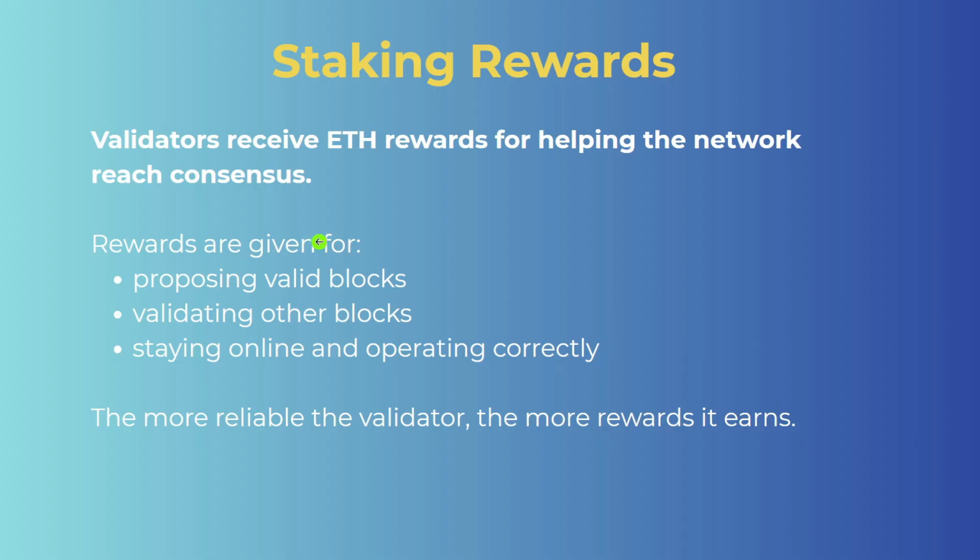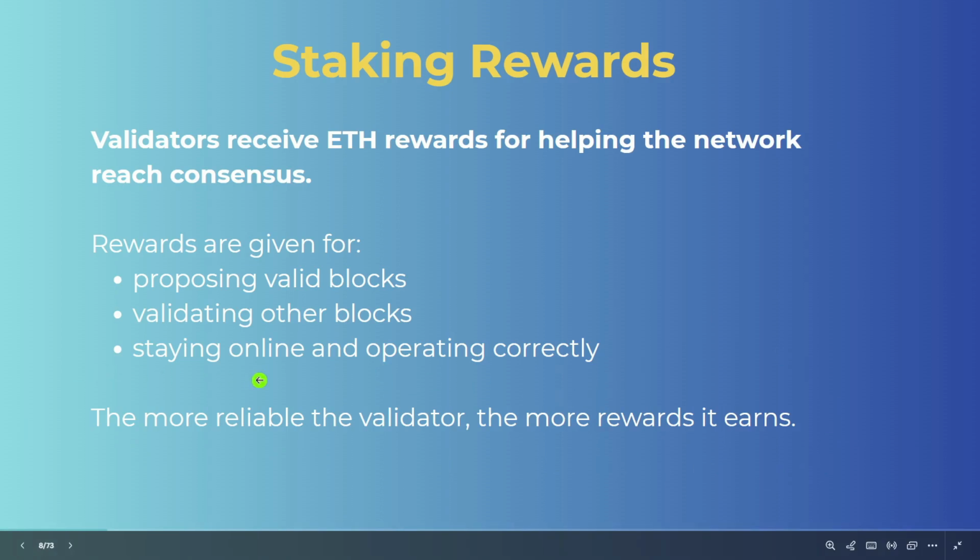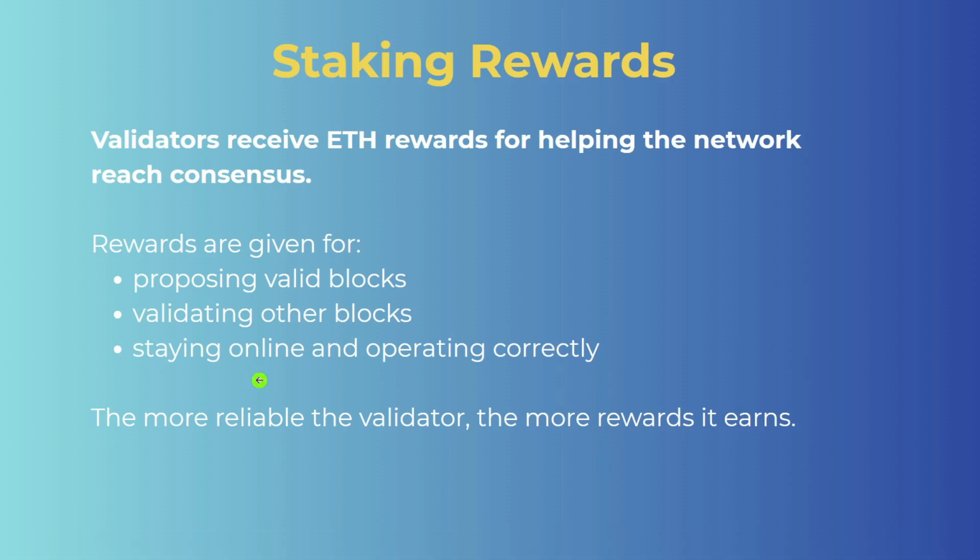So every node of the blockchain is accepting this. Rewards are given for proposing valid blocks, validating other blocks, staying online and operating correctly. The more reliable the validator, the more rewards it earns. Of course, if the validator goes offline, it will incur some penalties.